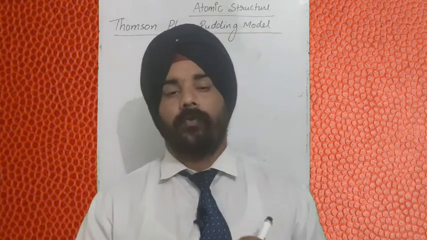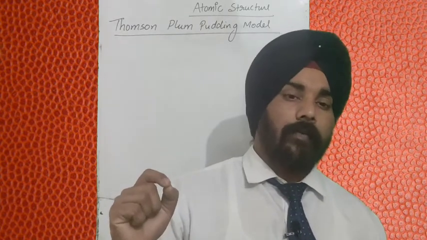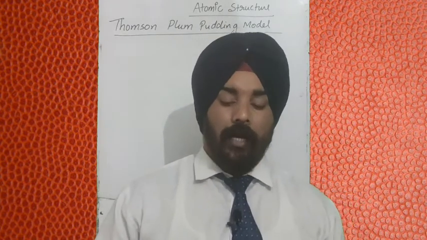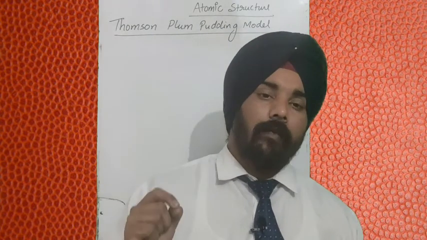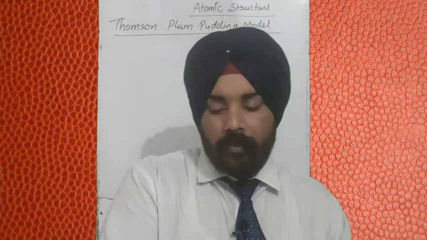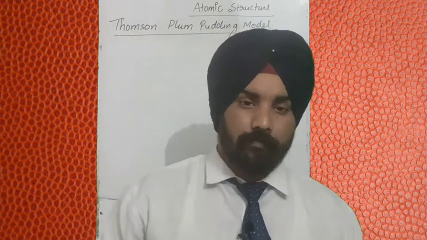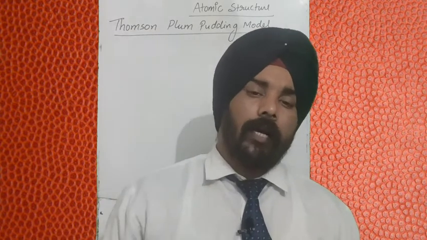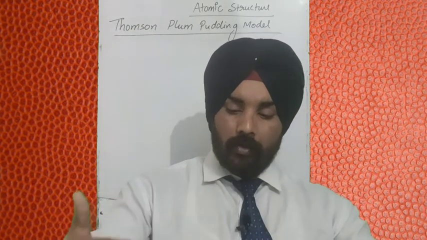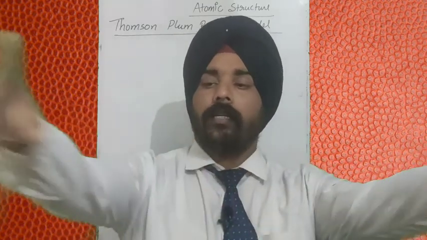Rutherford took a gold foil of 10 to the power minus 7 meter thickness, and he bombarded alpha particles with the help of some radioactive material like polonium. He took the gold sheet in between and surrounded it.